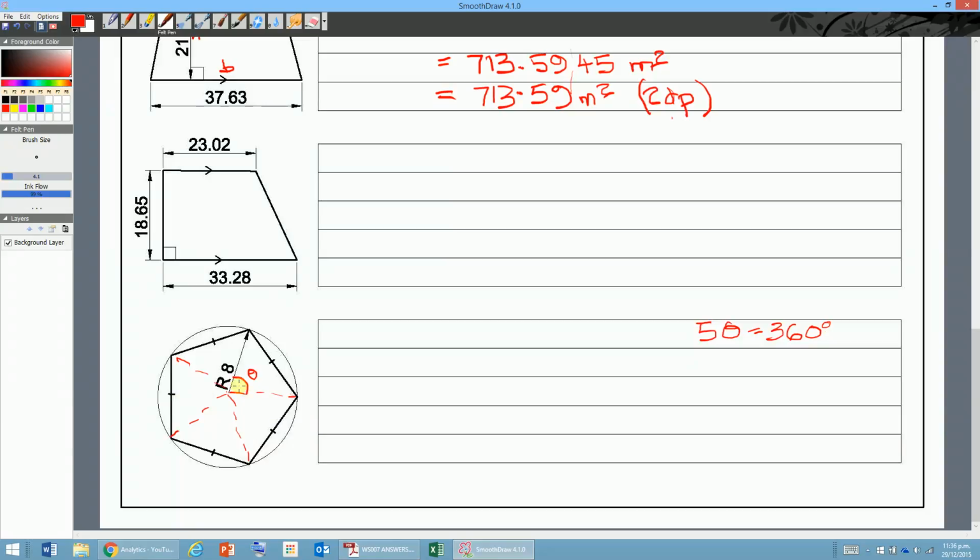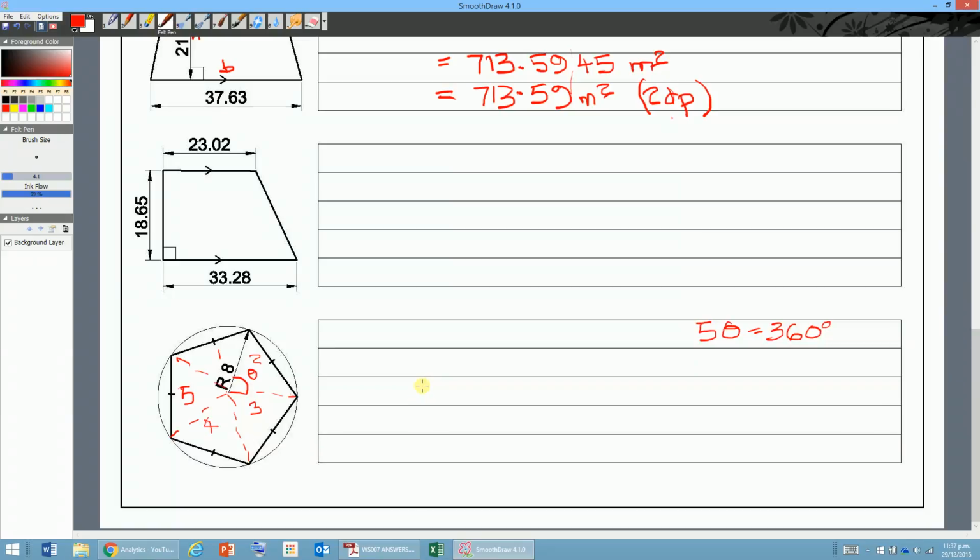So this one here, and we can see that there's going to be 5 of these triangles, 1, 2, 3, 4, and 5, and each of those triangles is going to have the same area.